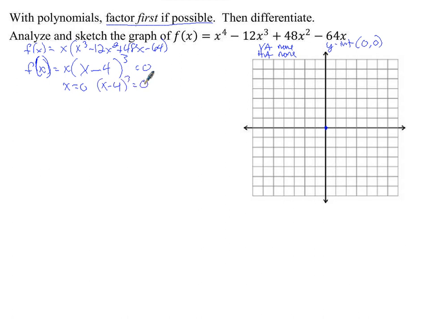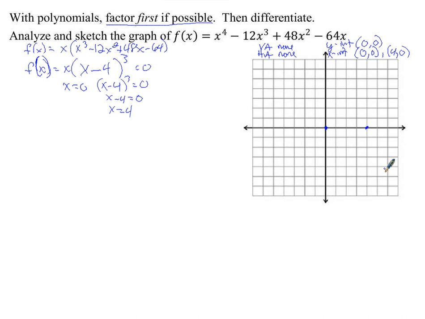Take the cube root of both sides and you get x minus 4 equals 0. So x equals 4 is another x-intercept. So we have x-intercept of, we know 0, 0, but we also have 4, 0. 1, 2, 3, 4. Okay, now what?